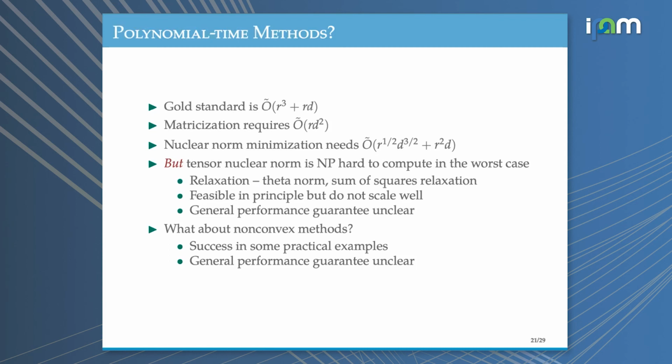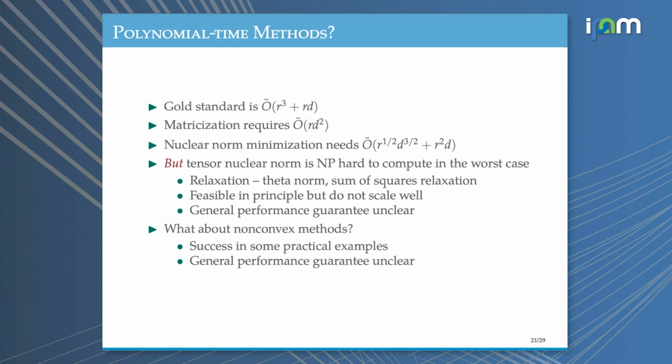This is an improvement, but it comes with a heavy cost. The cost is on the computational side. How to compute the tensor nuclear norm itself is already very challenging, not to mention that here we are minimizing it. So in a way, this approach, although it's convex, is not really feasible in practice.